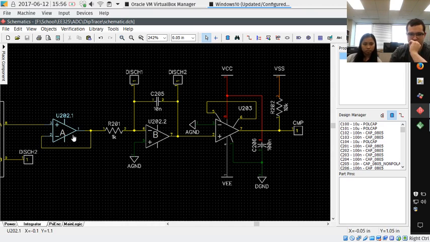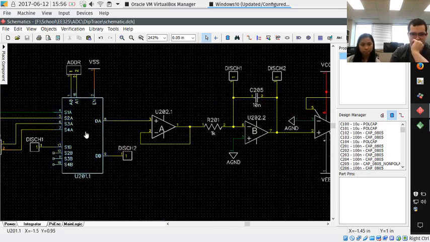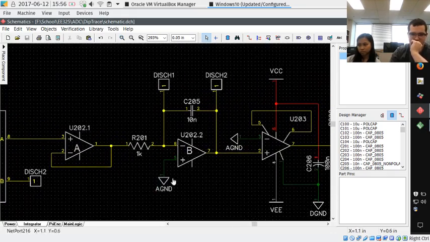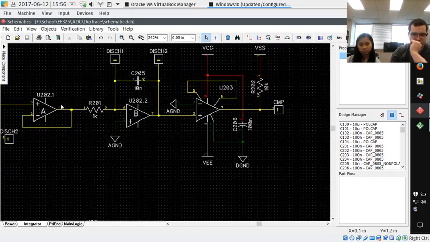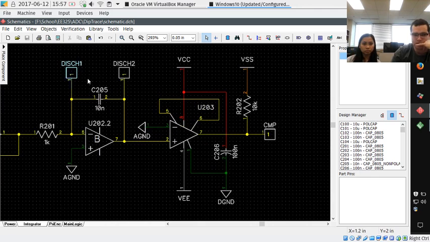What we did here, we have a buffered integrator because the switch IC that we used has like 100 ohm resistance. So first we buffer the integrator, and then here's the integrator itself. We also added some switch across.